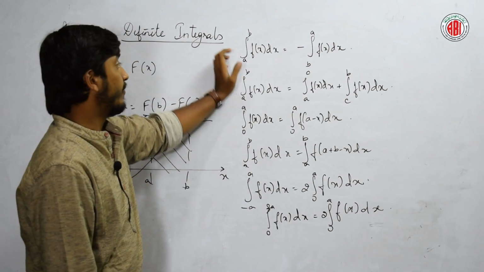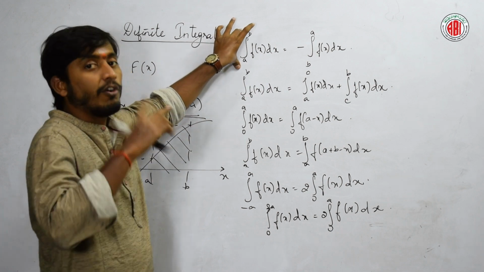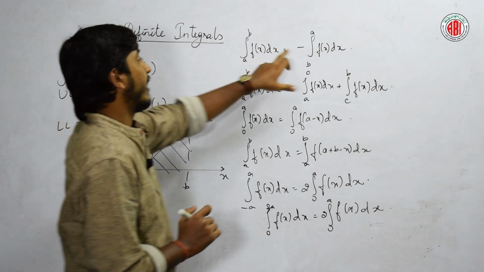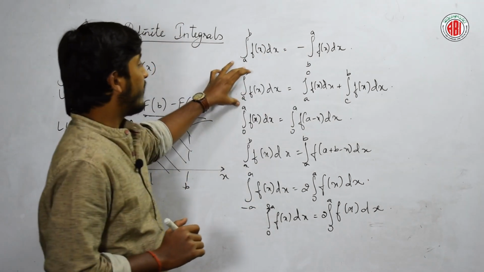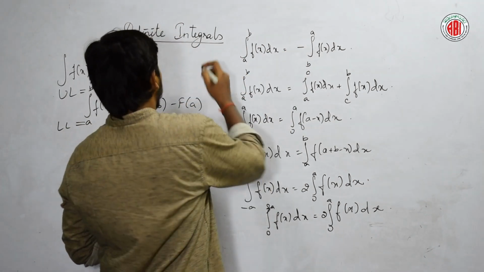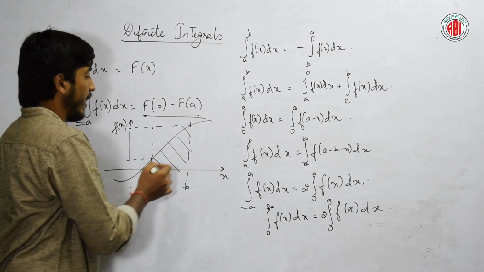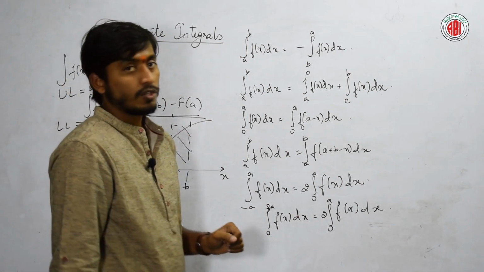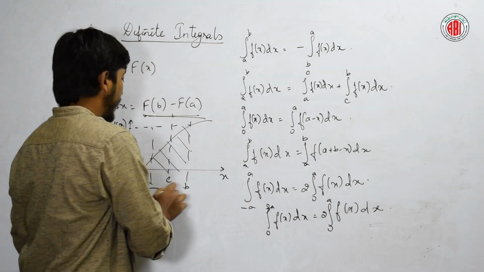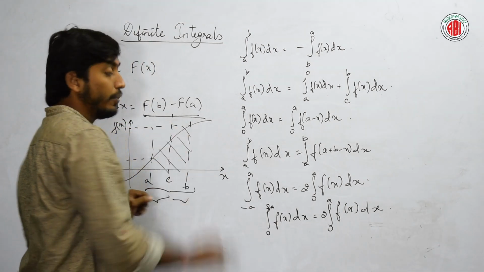These are a few properties of definite integrals. If the integral is from a to b, and I want to interchange the limits, then I can write minus here. If I want to divide the whole integral from a to b, there is some particular point c in between, so I can write the whole a to b as a to c and c to b.